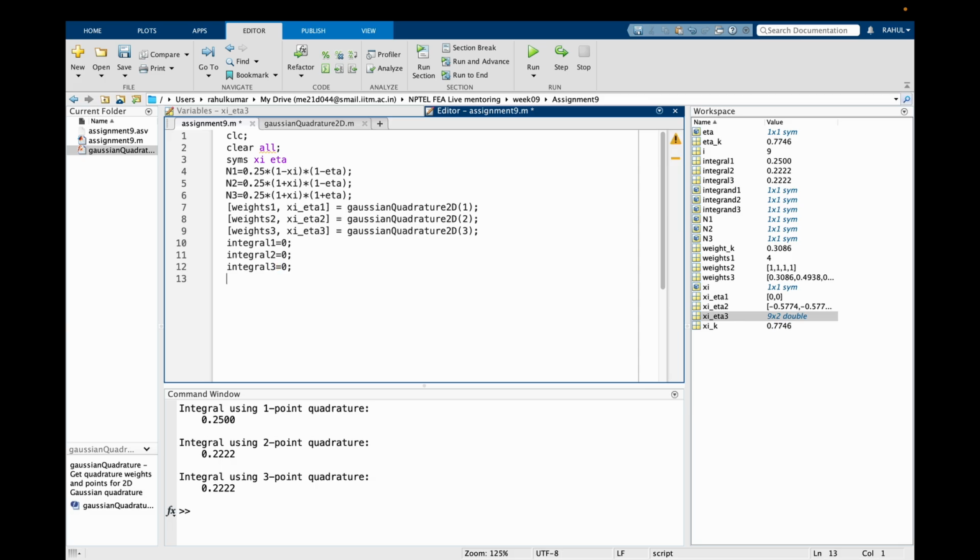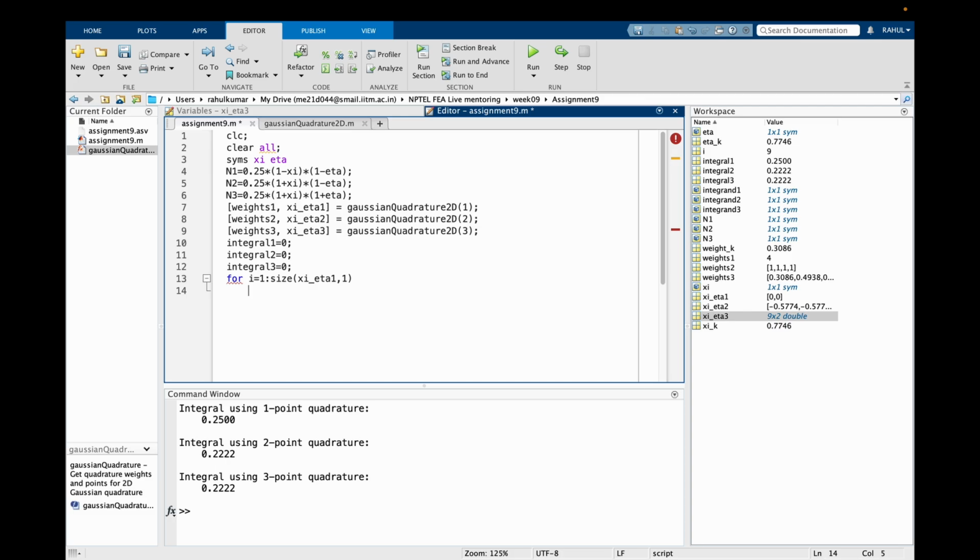Okay, and now we need to apply a for loop, that is 1 to size of xi eta 1 comma 1, which will give the size.